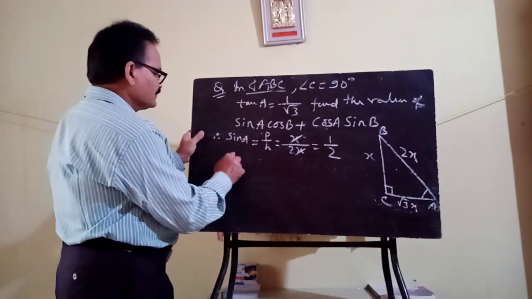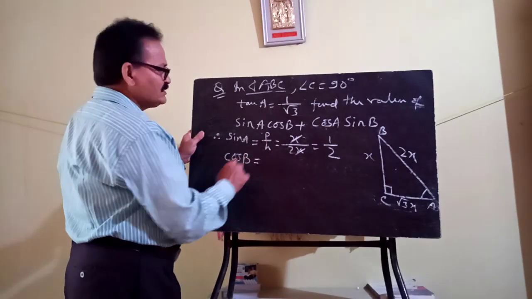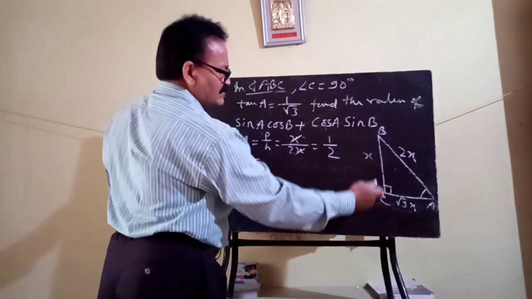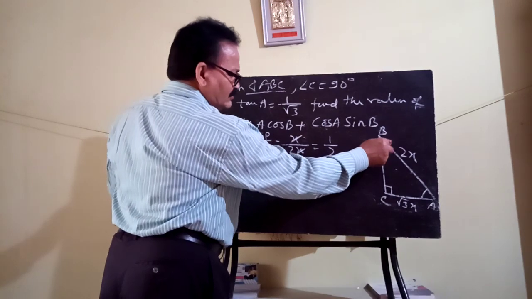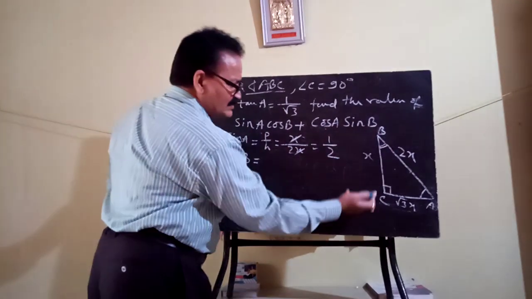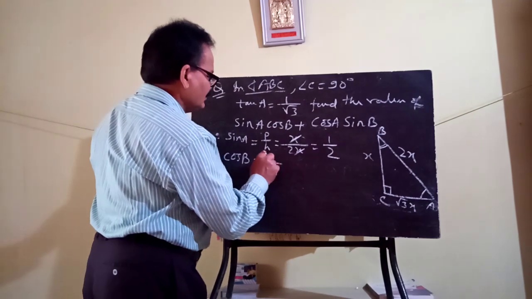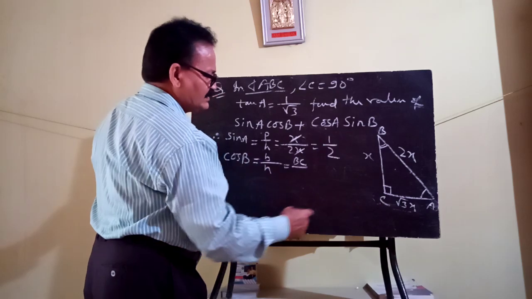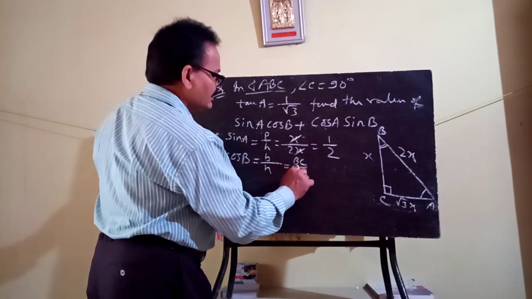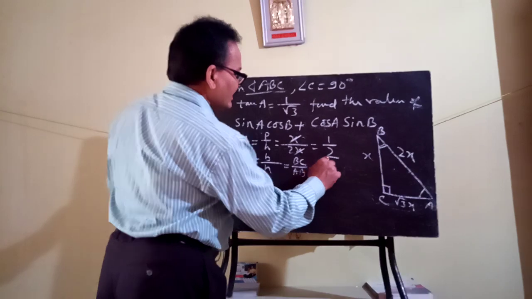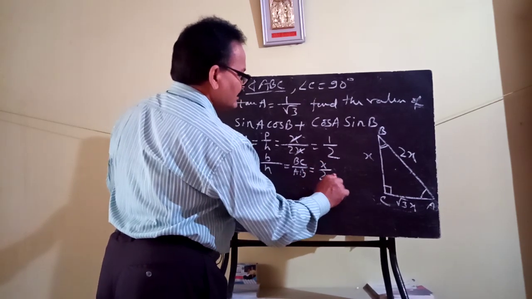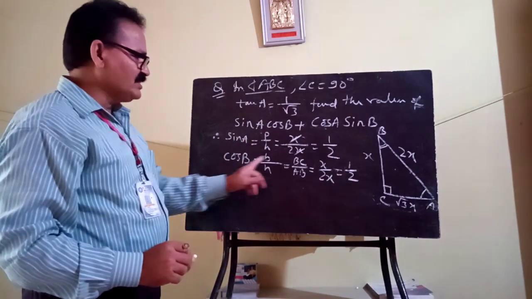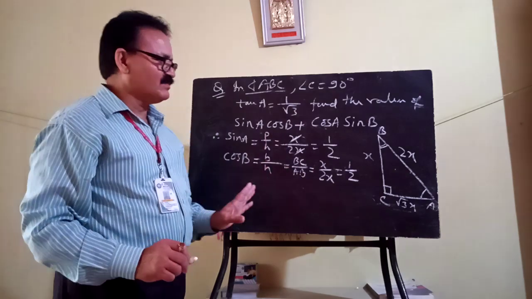Now cos B. For angle B, the base becomes BC. So this is base by hypotenuse. Base is BC and hypotenuse is still AB. So x by 2x is again 1 by 2. So cos B is 1 by 2, and sin A is also 1 by 2.